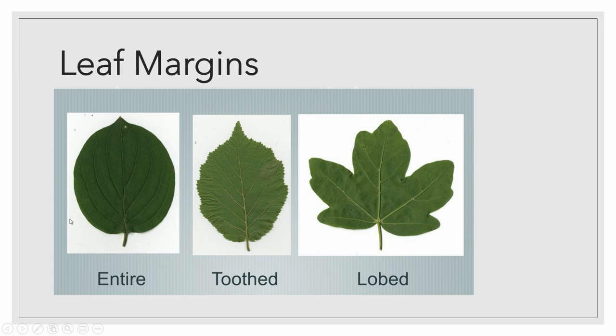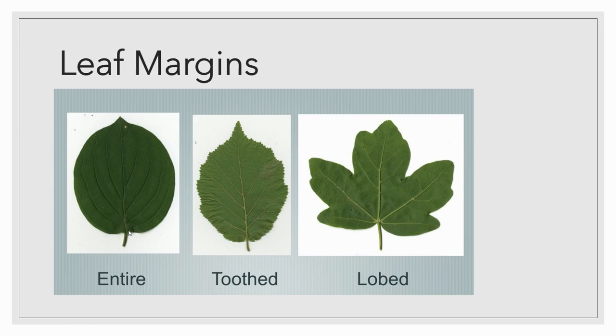The first is entire, or a smooth margin. And an entire is just going to be one continuous edge that goes all the way around the edge of that leaf. And it can take different shapes, but if it's entire, it's going to just be a continuous edge like this, okay? So entire or smooth, it may also be called at the same time.